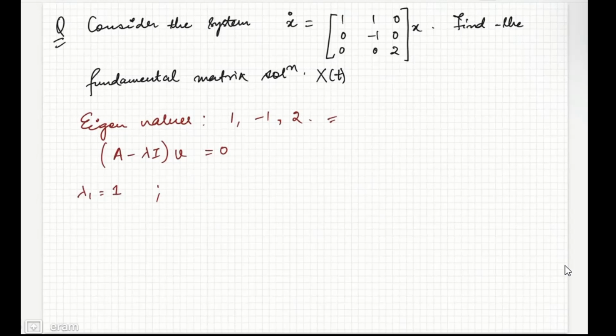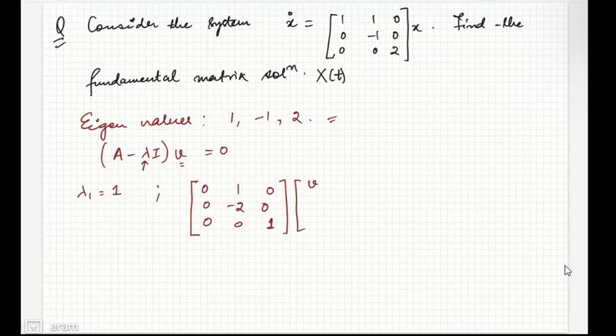So let's solve for lambda 1 equals to 1. We have to put lambda equals to 1 here and solve for v. That will give us the matrix 0 1 0, 0 minus 2 0, 0 0 1.